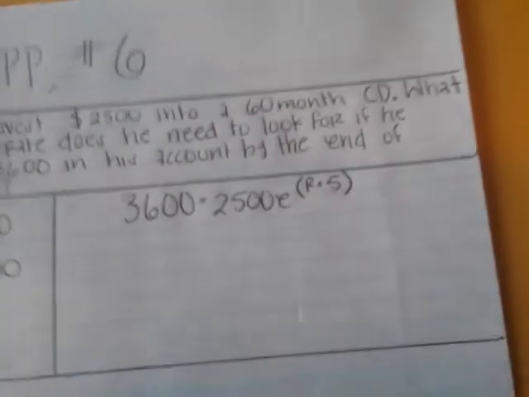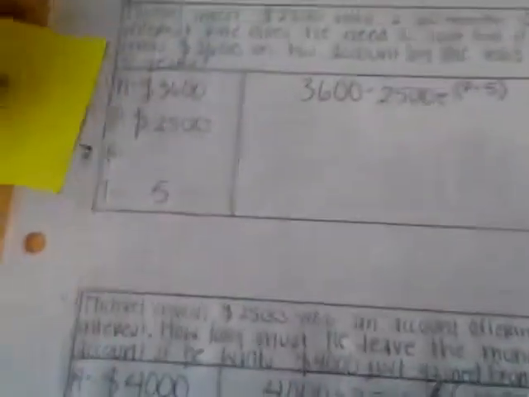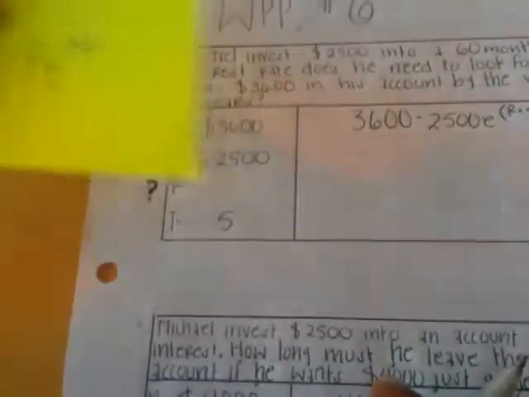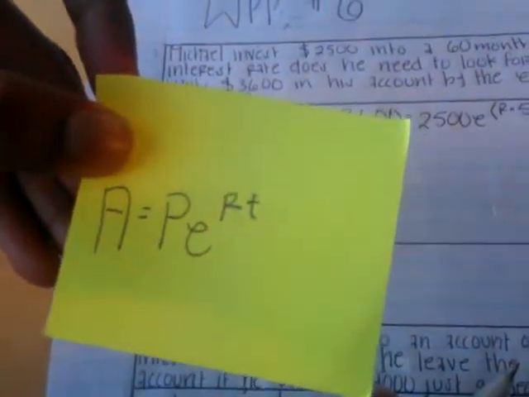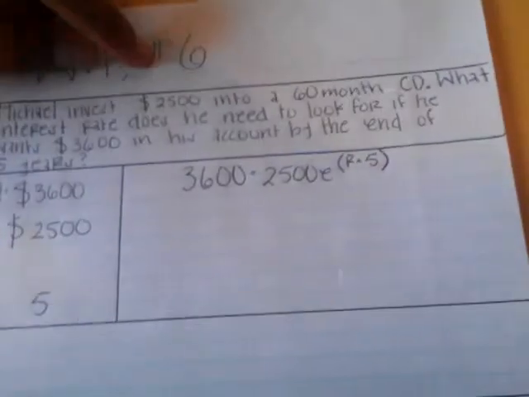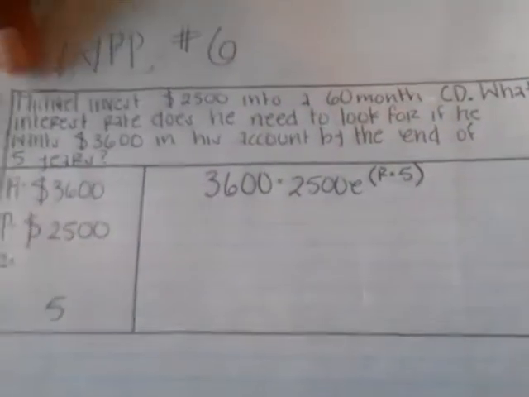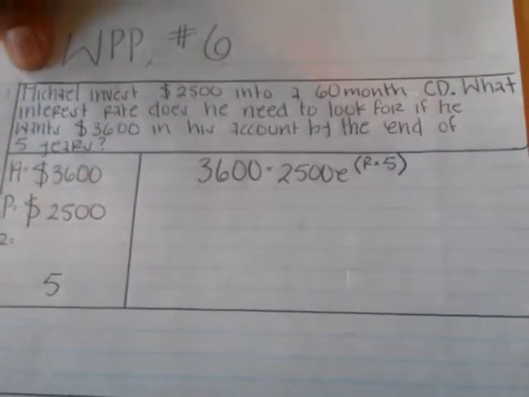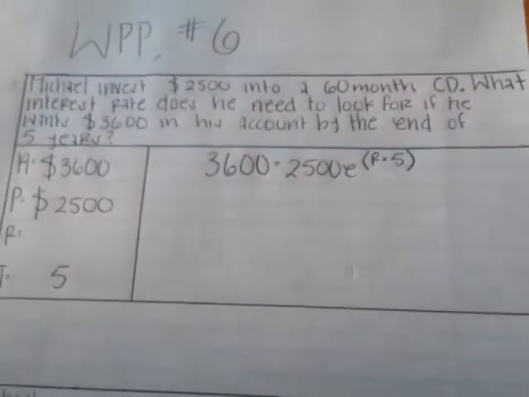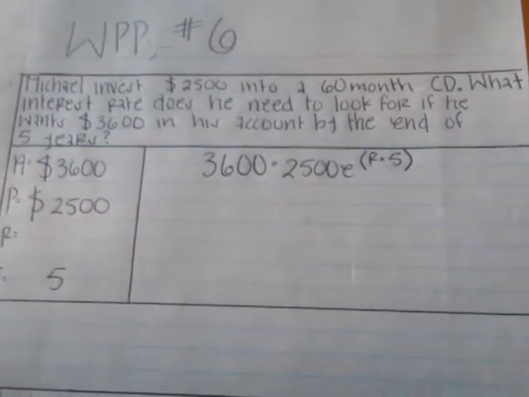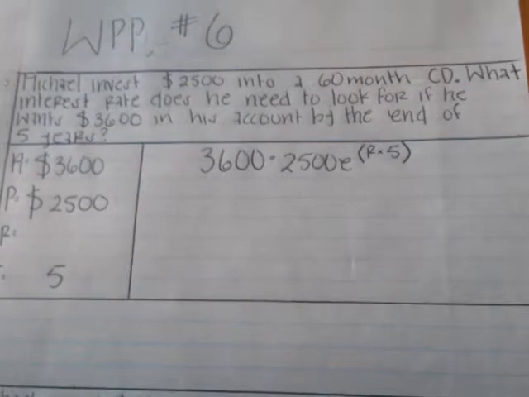Now moving on. For this one, I'm going to use again A equals P e to the power of rt. Michael invested 2,500 into a 60-month CD. What interest rate does he need to look for if he wants 3,600 in his account by the end of the 5 years?